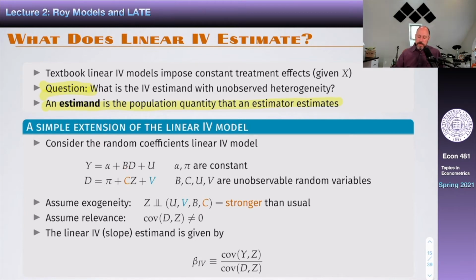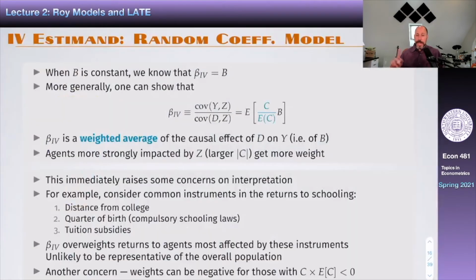Well, you can show, which I'm not going to do now, and it's not in this problem set, that this covariance equals the expected value of C times B divided by the expected value of C. So the IV estimate is a weighted average of the causal effects of D on Y, which are these B over here, right? And the weights are just C divided by the expected value of C.